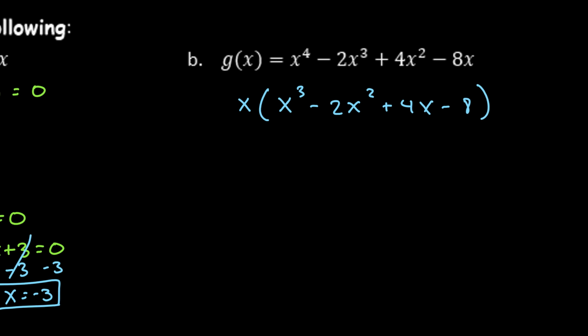And then, what did you do? Yes. What method of factoring do we apply here? Factor by grouping. Good. So you group the first two, group the second two, pull a GCF out. So what are we going to pull? X squared. And what are we left with inside?